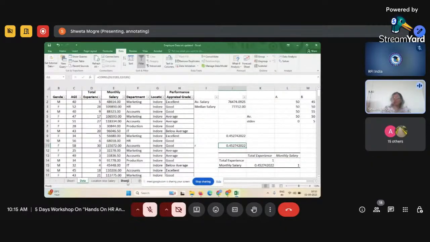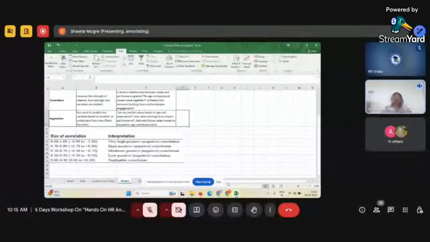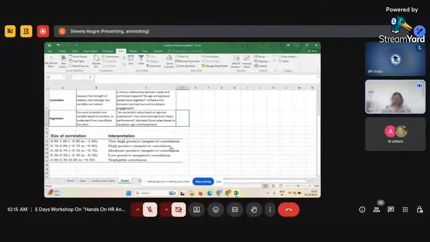Now, how to interpret this result? Take a screenshot of this particular slide. It will be easily available in any statistics book. Correlation lies between -1 to +1.